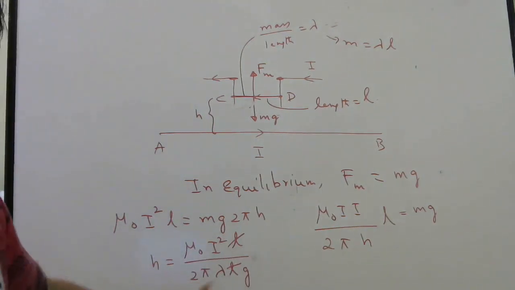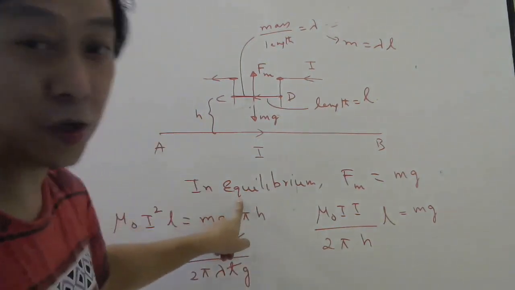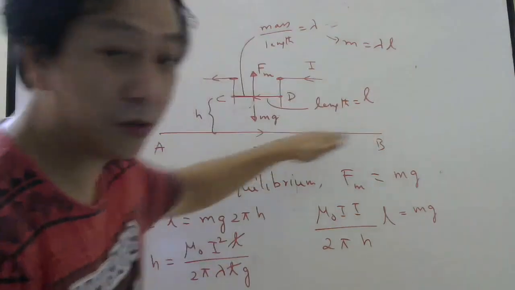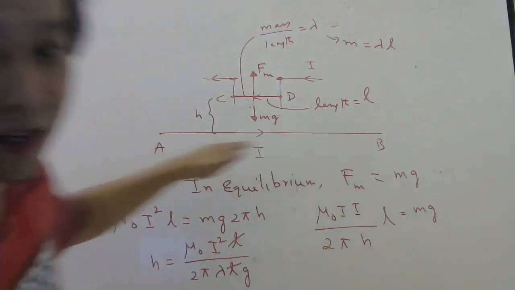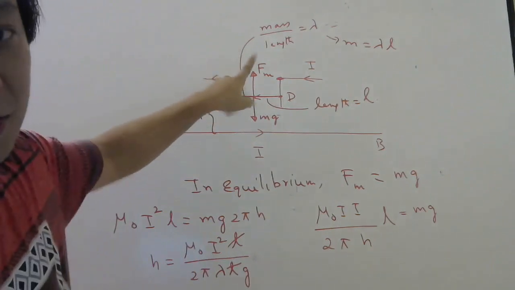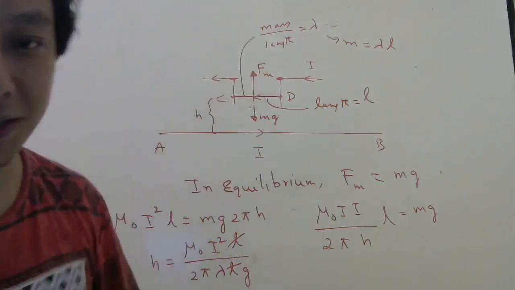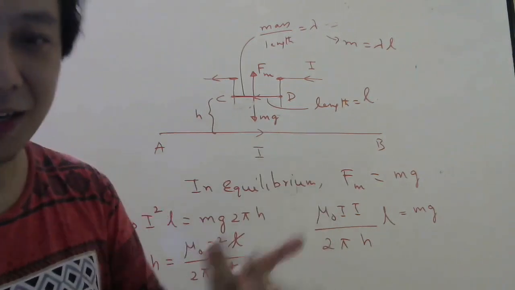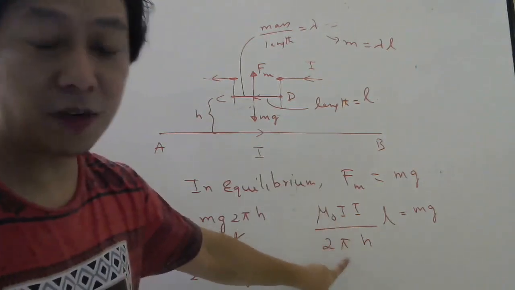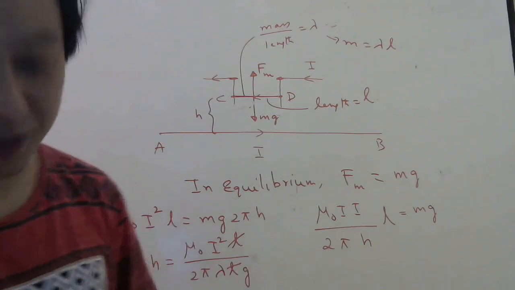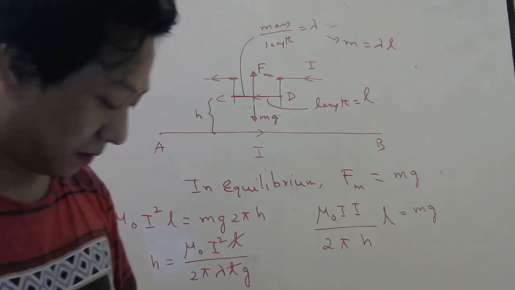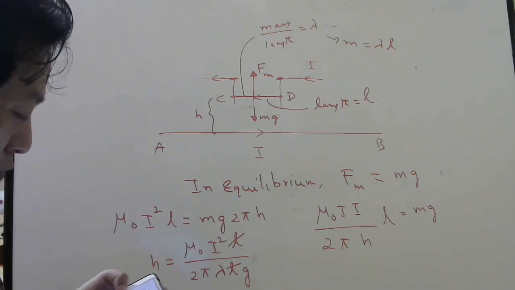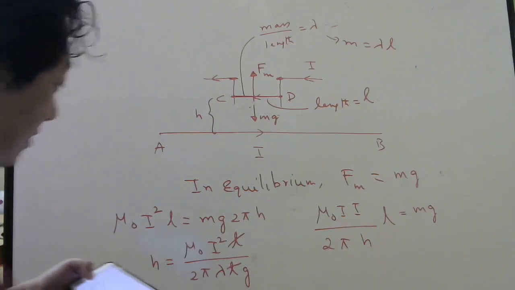So that much height it will rise in equilibrium, when the magnetic force due to the magnetic field produced by this current is balanced by the gravitational force. And for this, please don't use integration and all. Directly you can use the standard formula which we derived for the board syllabus. So mu naught I square divided by 2 pi lambda g, option C.